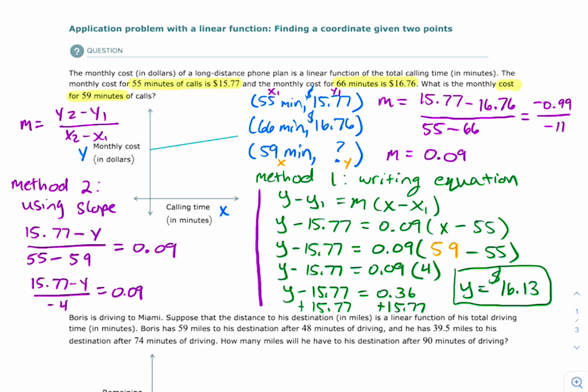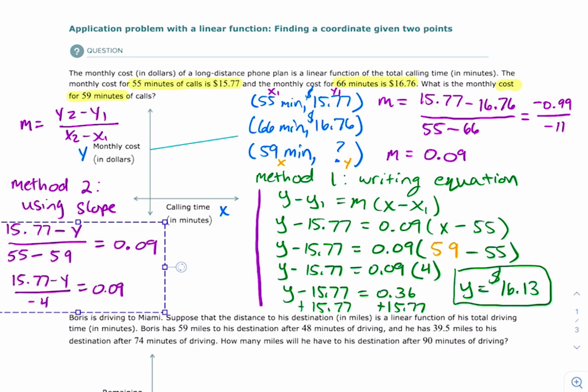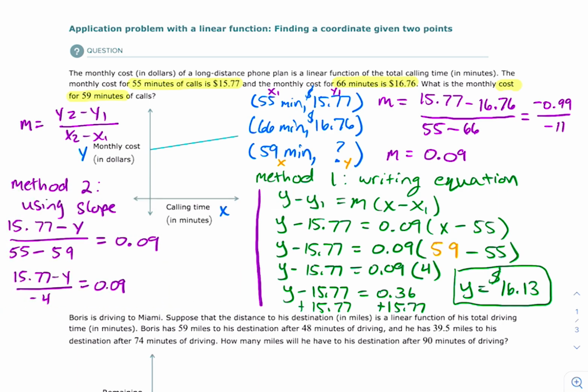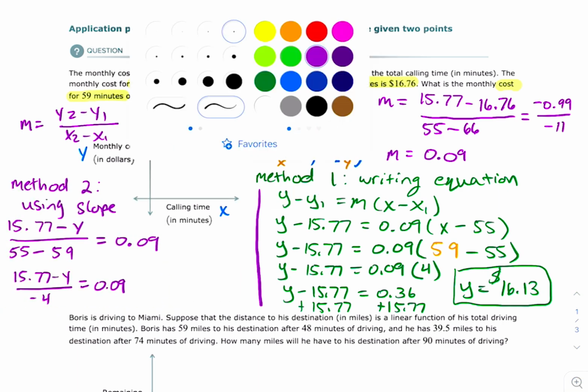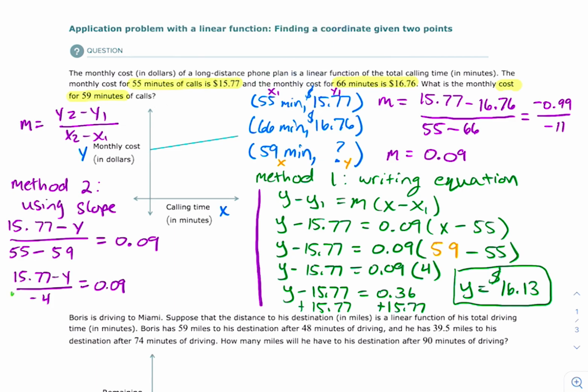I'm going to move this so I have a little bit more space here. So now anytime we have a fraction, to get rid of the denominator, we always multiply both sides by whatever that denominator is. So when I multiply by that 4, we are going to have 15.77 minus y equal to a negative 0.36.